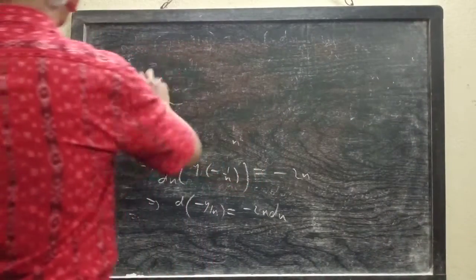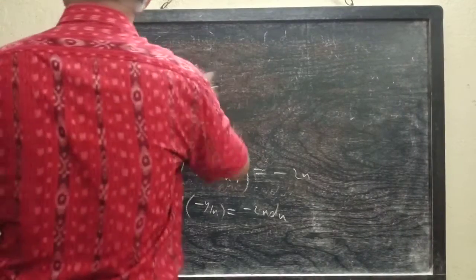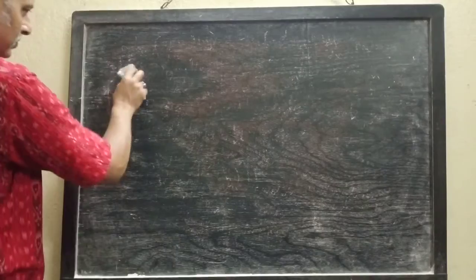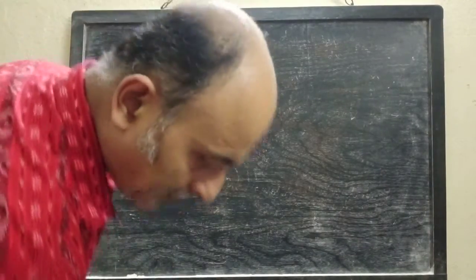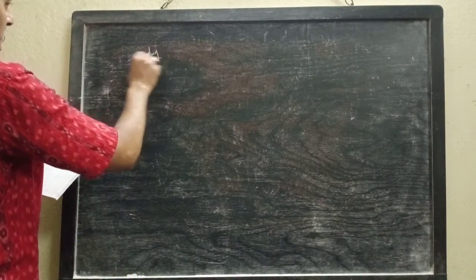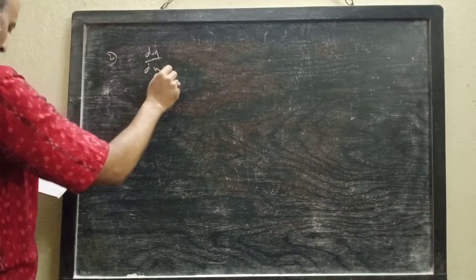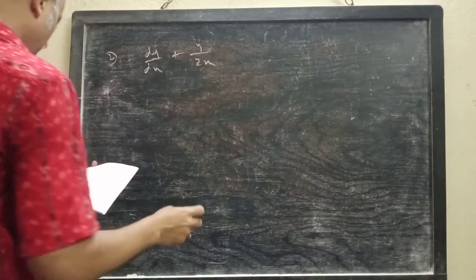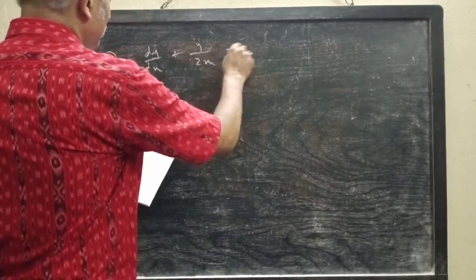Next question. 2 dy/dx plus y by 2x is equal to 3x square.